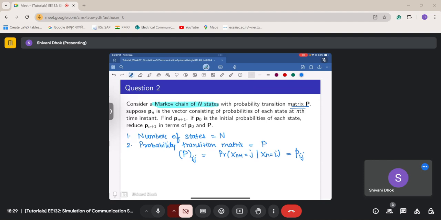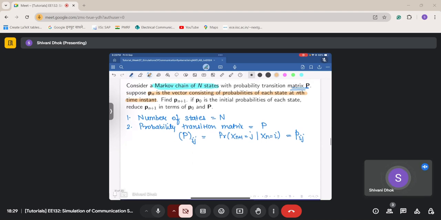Okay, then what is given to us is, suppose Pn is a vector consisting of probabilities of each state at the nth time instant. So what does this vector say? This vector Pn is a vector that has these entries: probability that xn equal to state 1, probability that xn equal to state 2, and so on, probability that xn equal to state n.